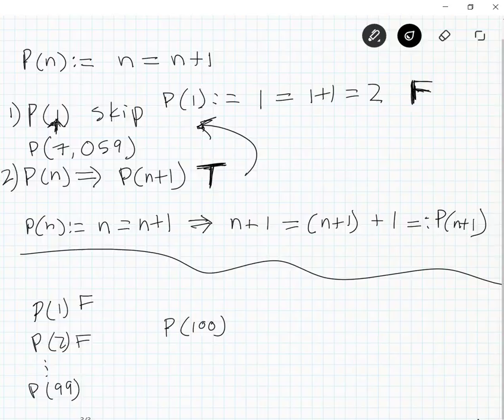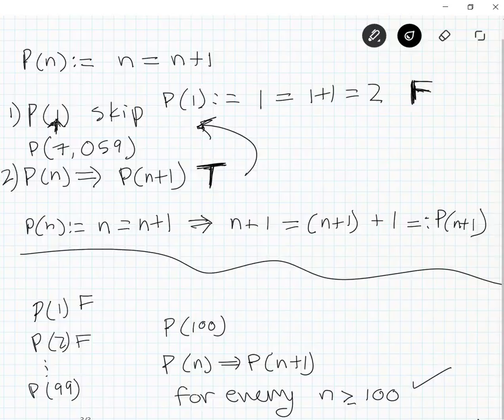And P of n implies P of n plus 1 for every n greater than or equal to 100. Then no matter what number you plug in here that's greater than 100, it will be true. But all these other numbers before 100 where it's false, they're obviously false.